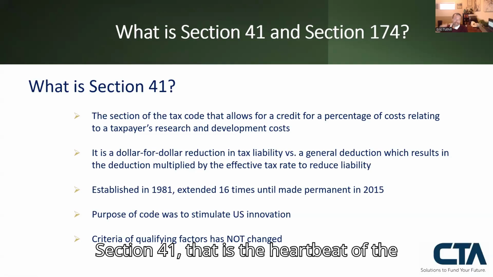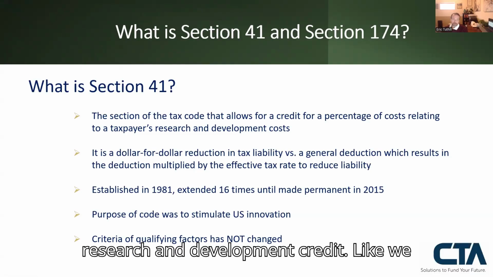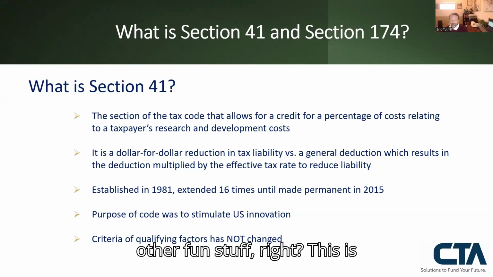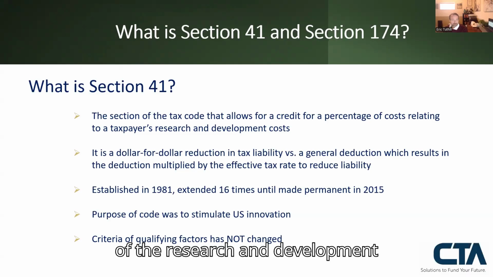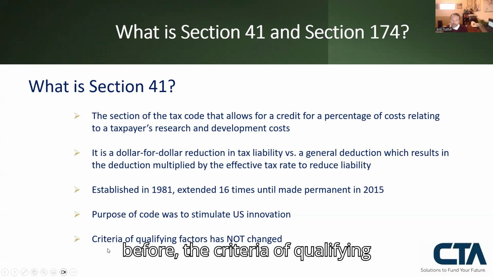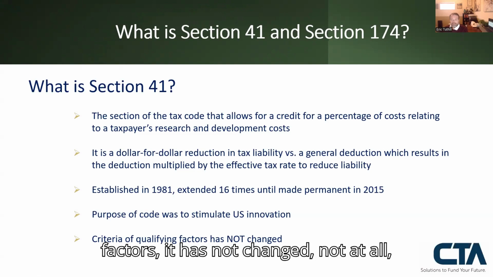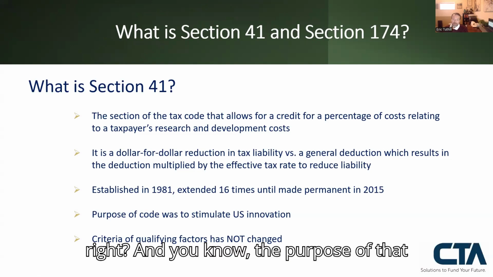But Section 41 is the heartbeat of the research and development credit. Like we talked about the 4-part test, all that other fun stuff, right? And as I've mentioned before, the criteria of qualifying factors has not changed, not at all, right?